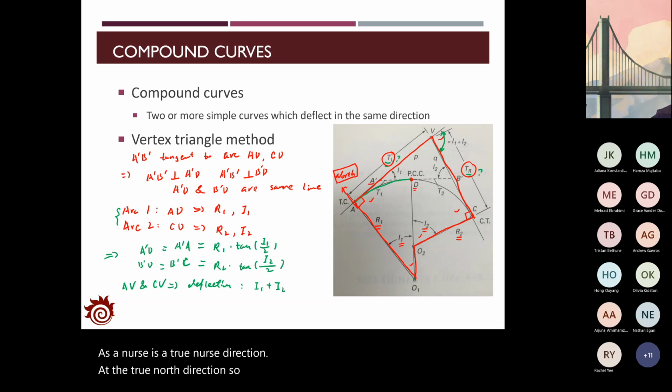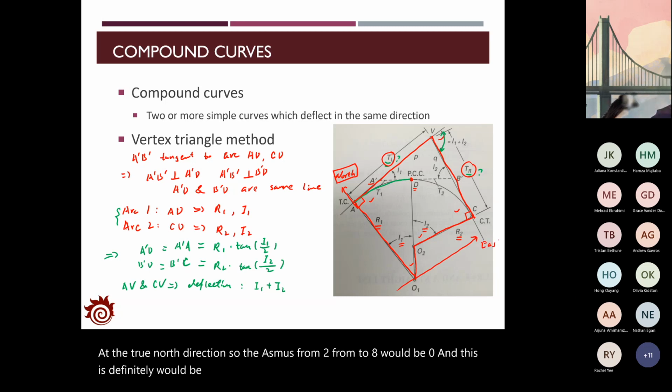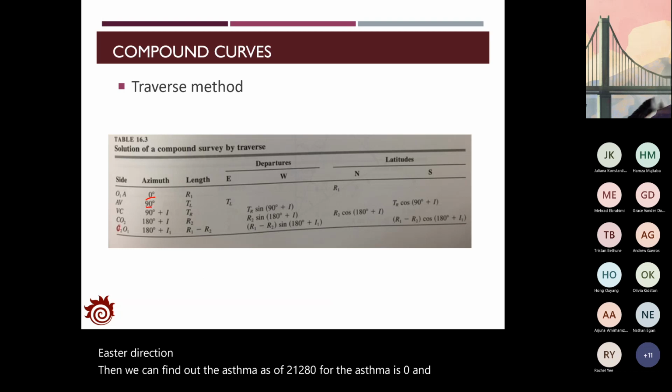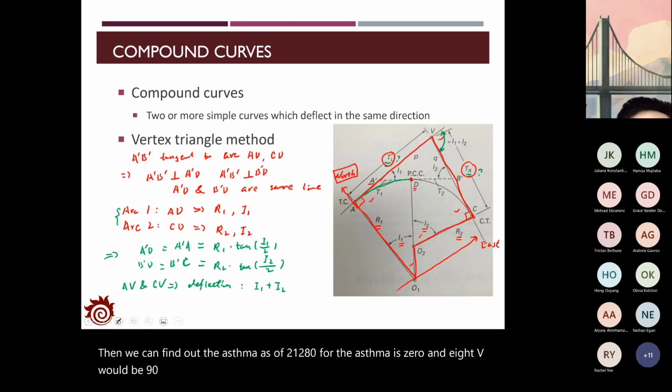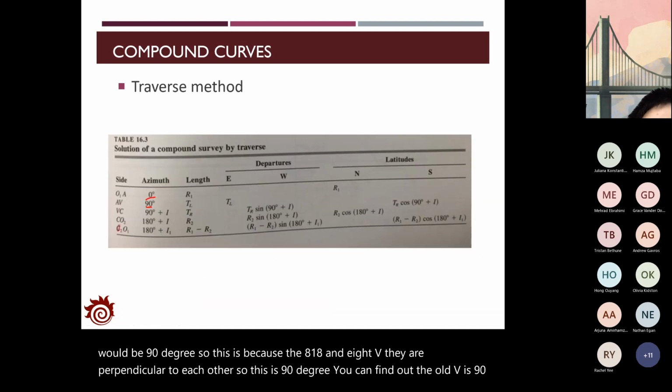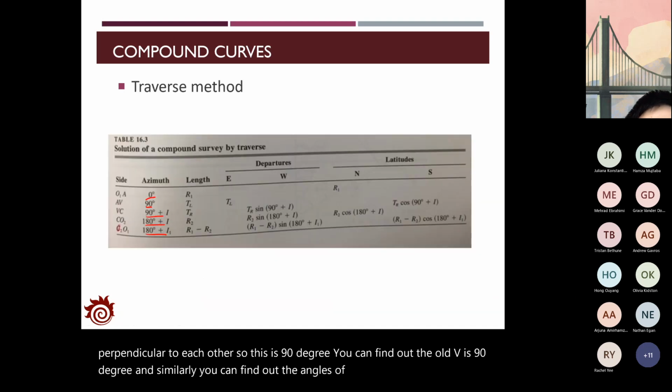So the azimuth from O1 to A would be 0, and the east direction is perpendicular to it. Then the azimuth of O1 to A is 0, and A to V would be 90 degrees, because O1A and A to V are perpendicular to each other. And similarly, you can find out the angles of the other lines.